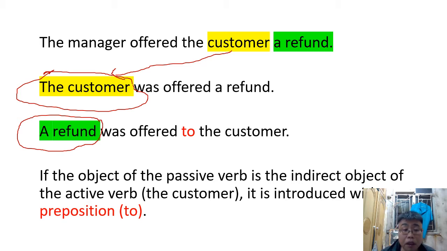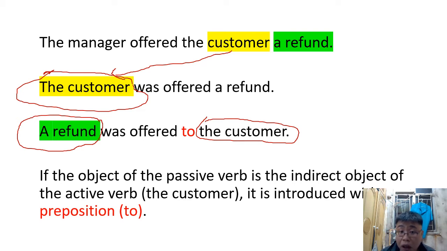Remember, if the object of the passive verb is the indirect object of the active verb here, the object of offered in this case is the customer. Okay, I repeat.